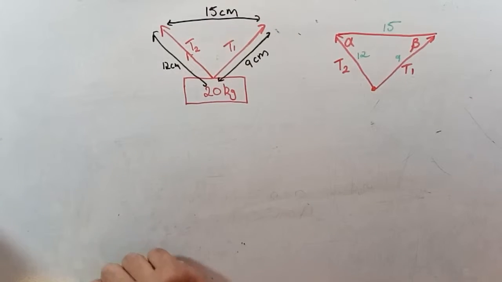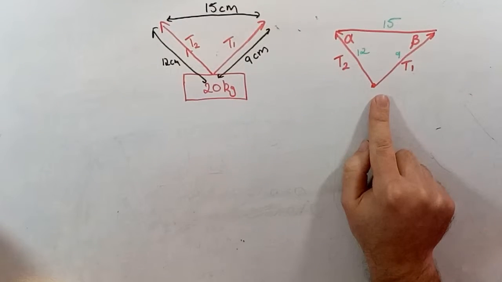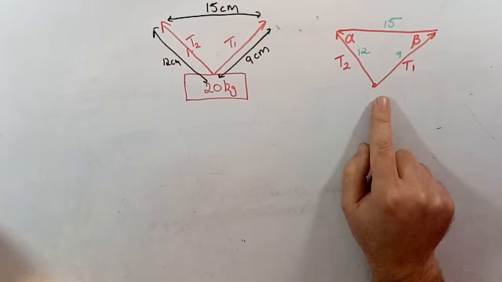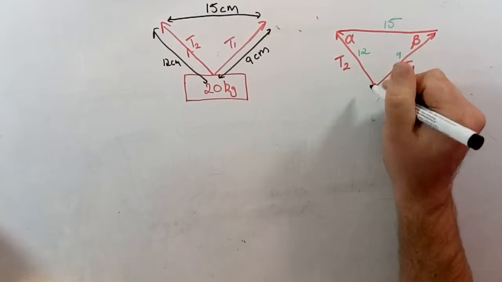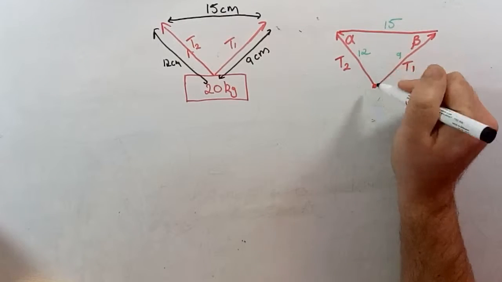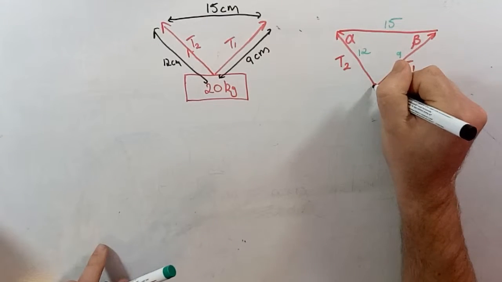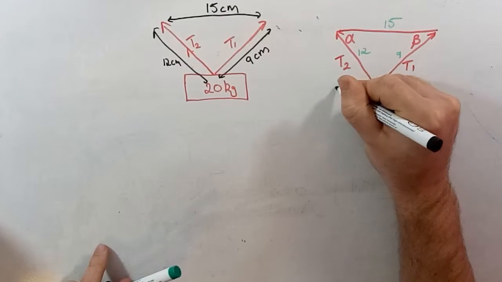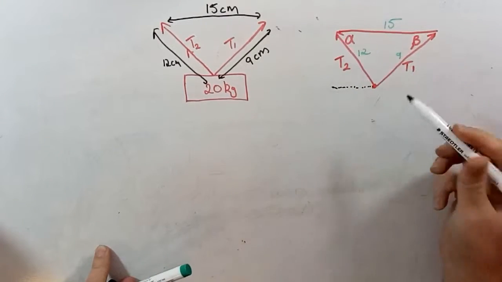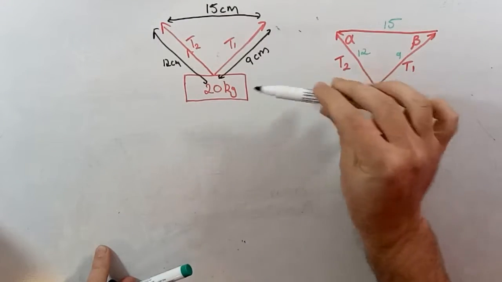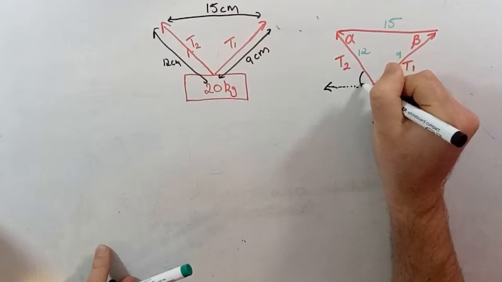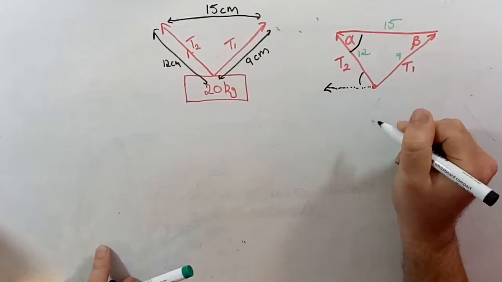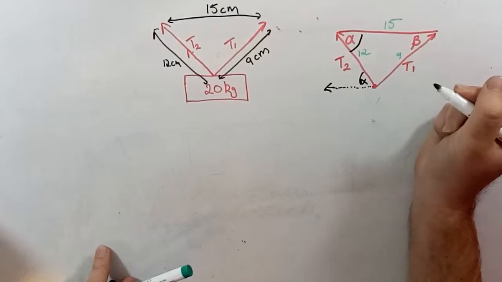Now, I've drawn the same diagram over here, just to make it easier than having all these things drawn in. So what we're going to do is separate the forces into vertical components and horizontal components. So this T2, it pulls this way horizontally a little bit. Now this angle is going to be the same as this angle in here, so this alpha.